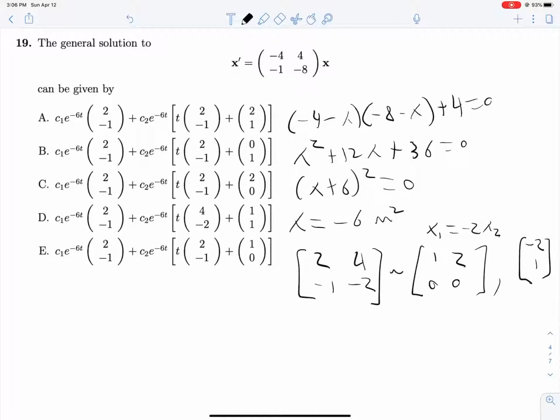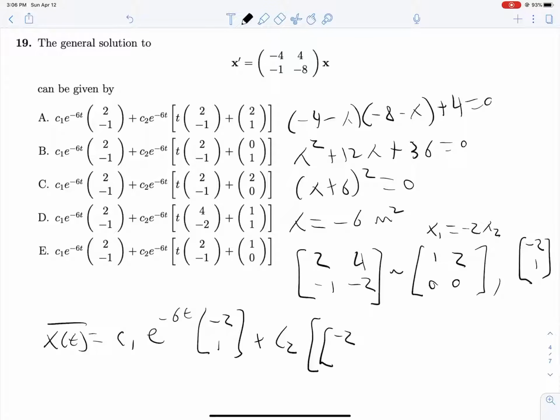So moving on, we will need to find our generalized eigenvector, because currently our solution has the form x of t is equal to c1 e to the negative 6t times v1, negative 2, 1, plus c2, and since we have a repeated eigenvalue, we need our first eigenvector times t plus our generalized eigenvector, which currently we don't know, e to the negative 6t yet again.